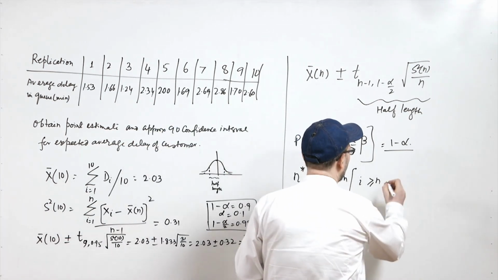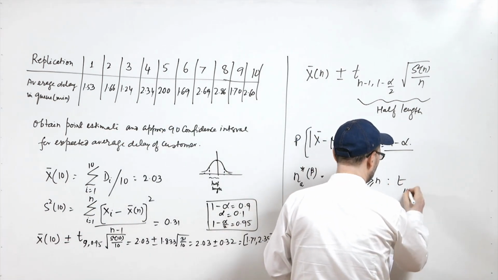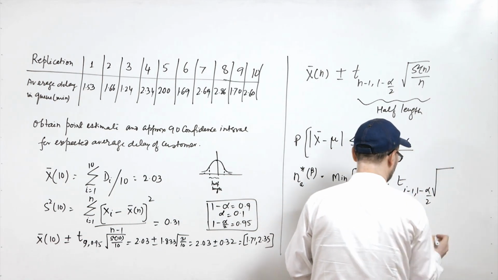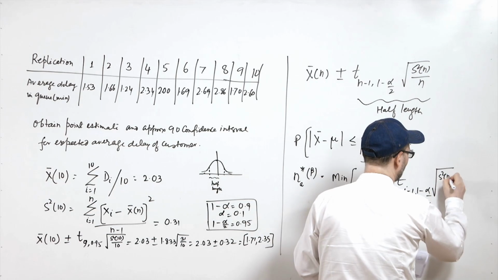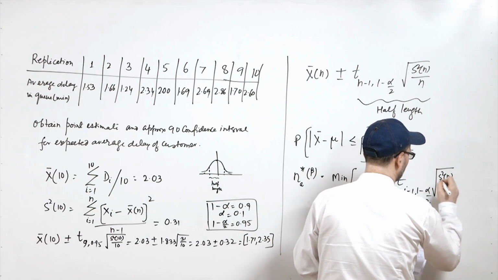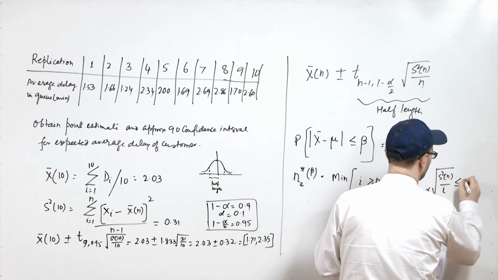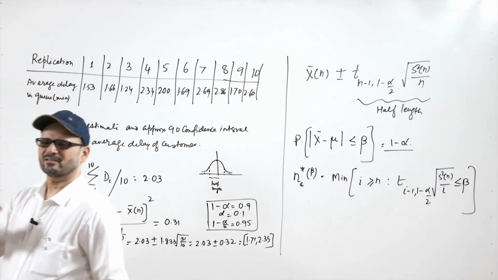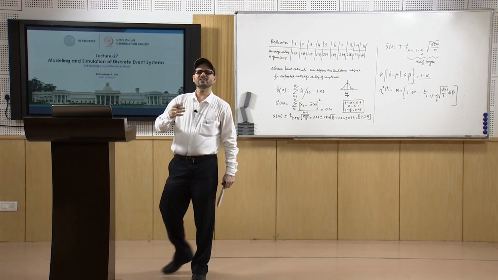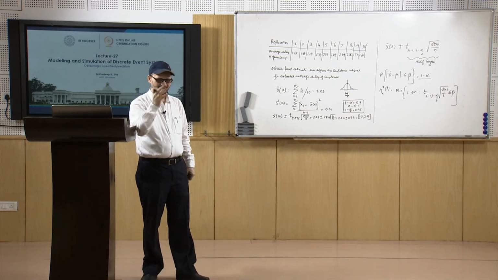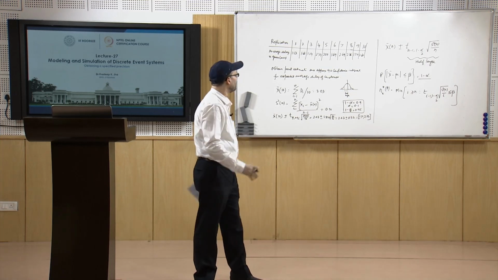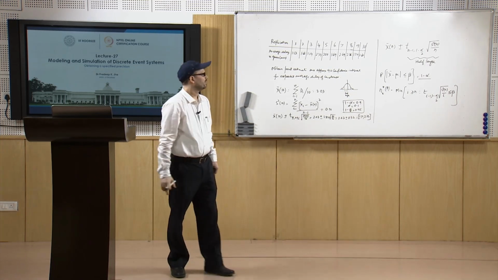So, for that, t of I minus 1, 1 minus alpha by 2, times the square root of s square n by I, should be less than or equal to beta. So, basically we are every time changing the n or I, and then we are seeing when this value will come to that particular value.